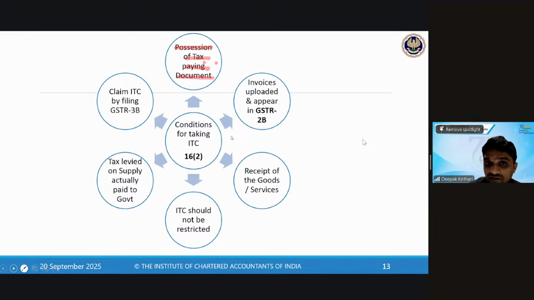Purchase return, no. For a purchase return you will raise a credit note. Any additional services provided for composite supply, yes, even then you will raise a debit note, right?